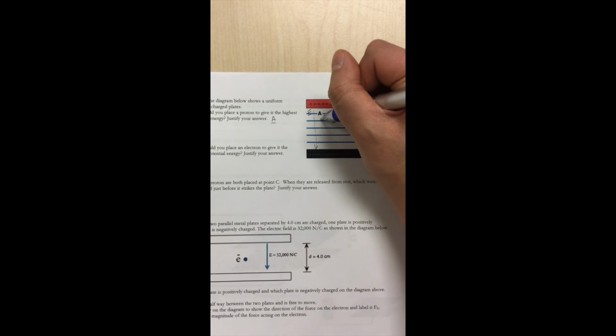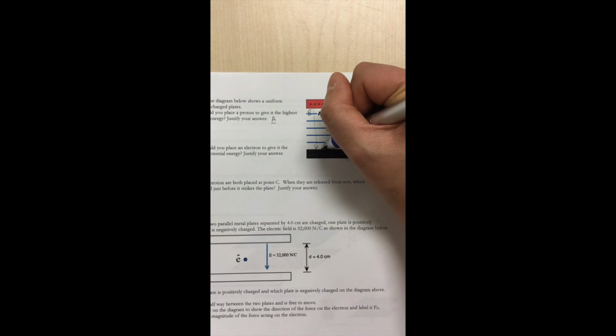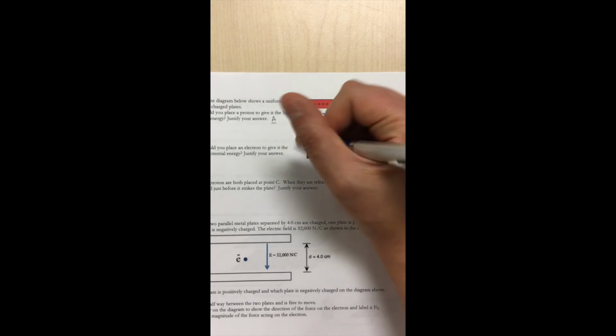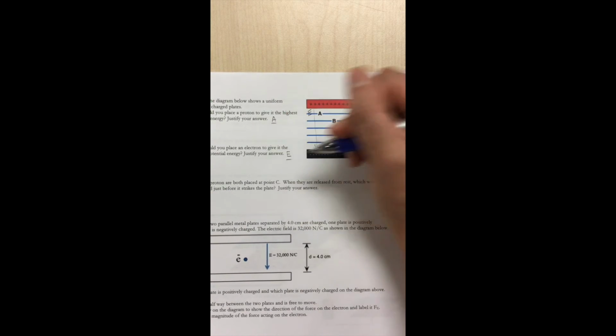It has the largest distance D to the negative plate. One way you could think about it is wherever it has the largest repulsion force has the largest electric potential energy. So an electron placed at E would have the largest electric potential energy for an electron placed in this field.